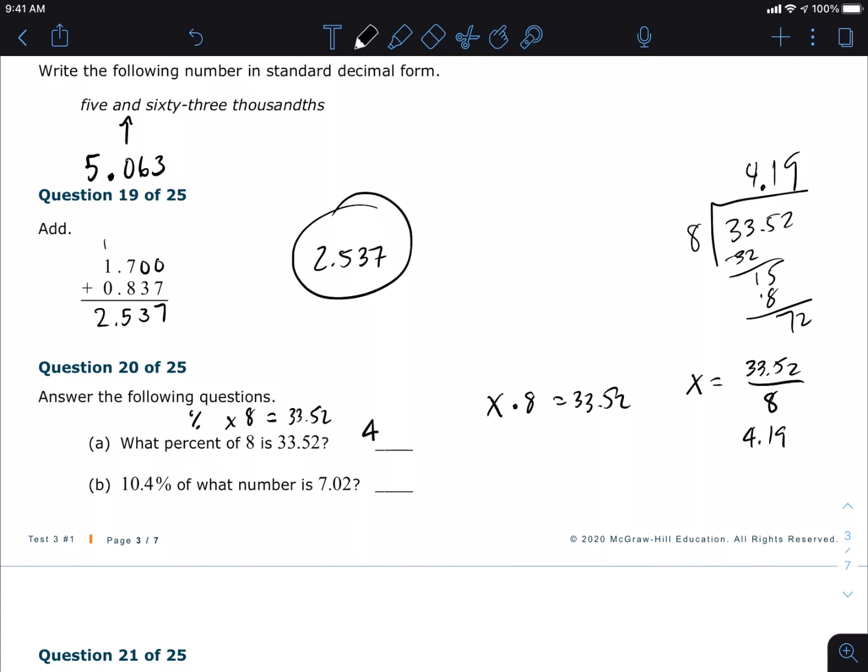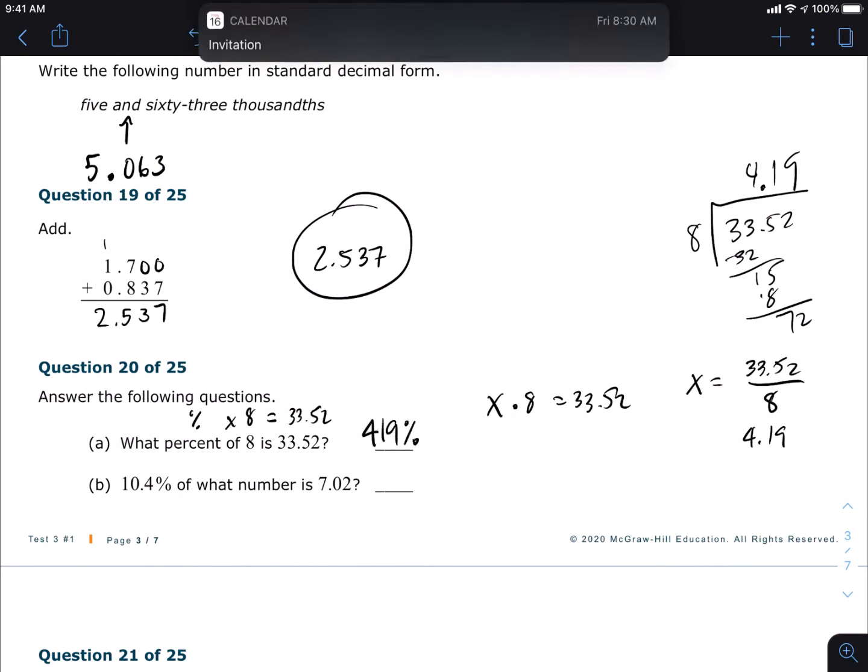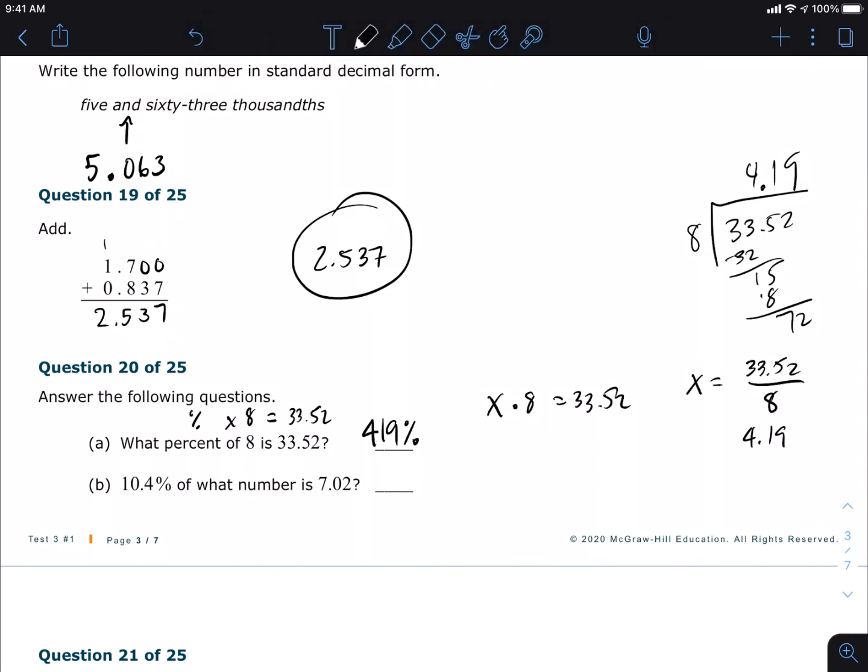So the percent is 419%, right? Because when we're talking about a decimal in terms of percent, 1 is 100%, and anything above that is more percentage, right?